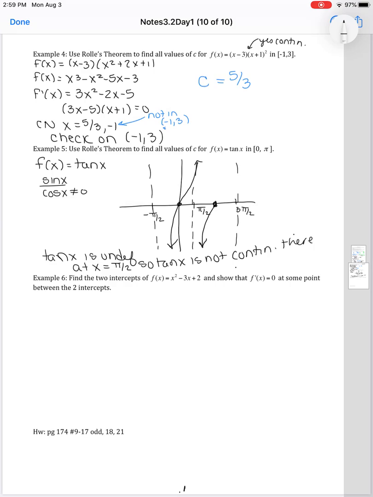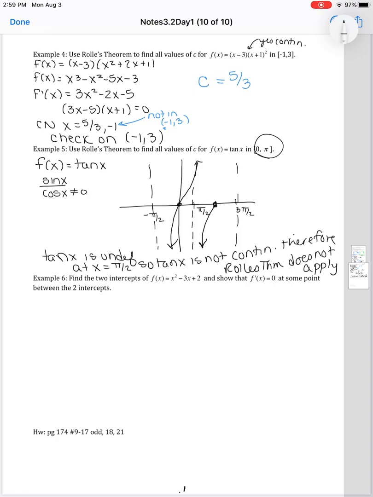So tan x is not continuous. Therefore, Rolle's Theorem does not apply. And if it doesn't apply, you can't move any further.